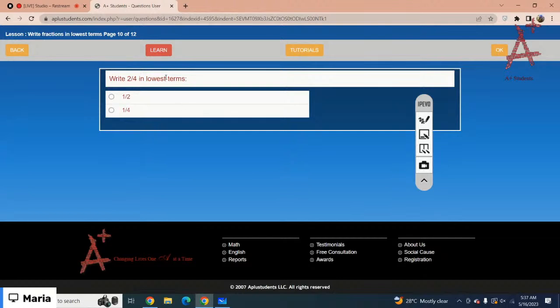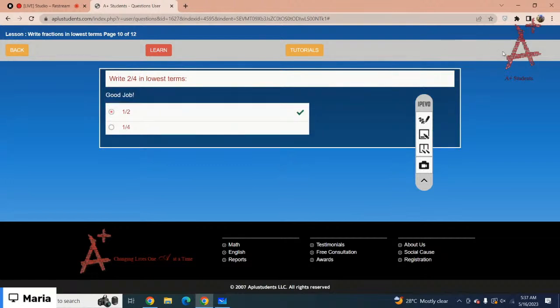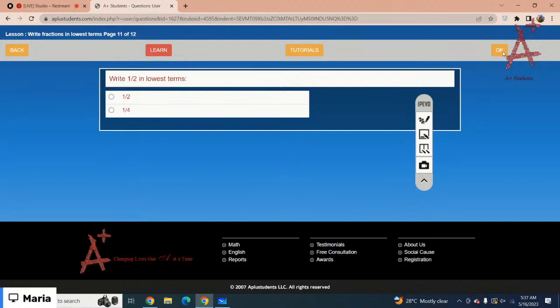Very good. Okay, write 1 by 2 in lowest form. So which is the correct option? It would be, yes, 1 over 2. 1 over 2 is already in the lowest form. Got it? So it would be 1 over 2.